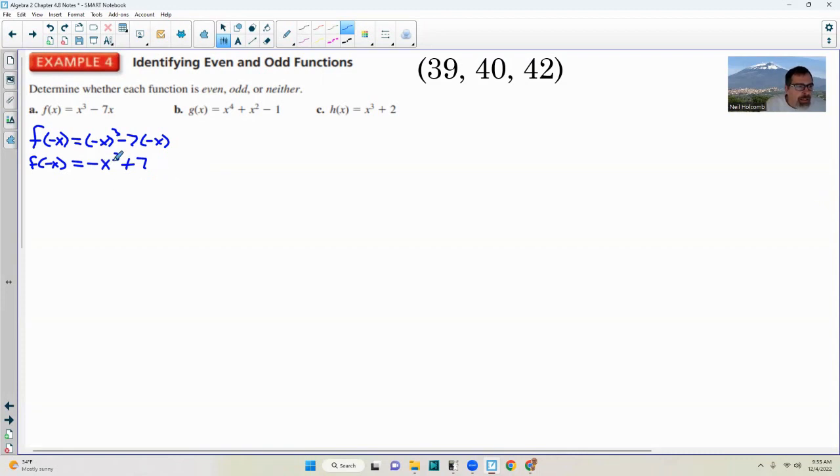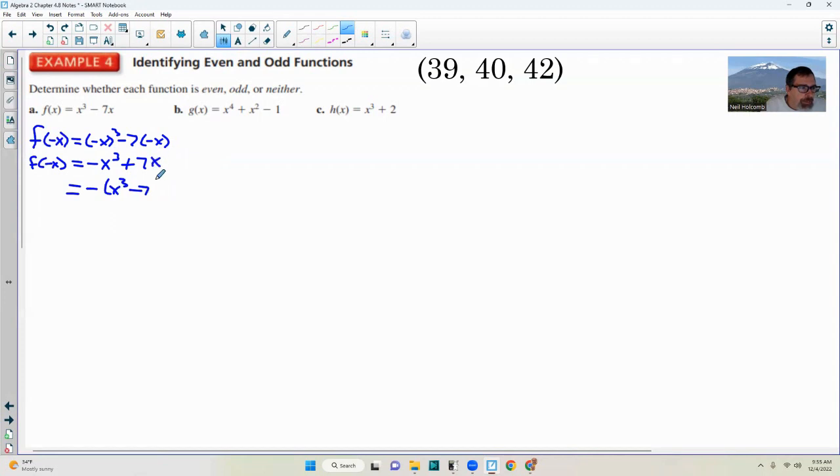So negative x cubed plus 7x, since that is equivalent to negative f of x, then we're going to check that. Okay, this would equal negative x cubed minus 7x.